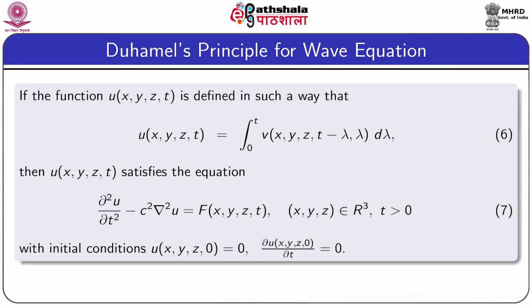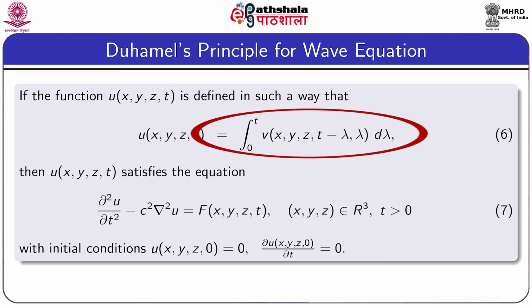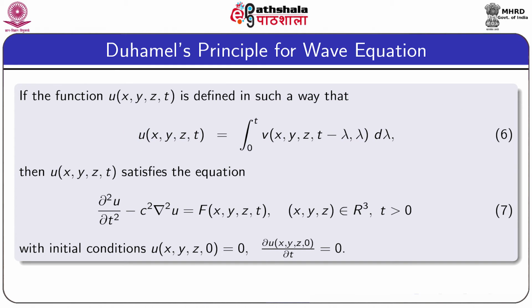Now, we define a function u, which is a function of x, y, z and t, and which is defined in this way: u equals the integral from 0 to t of V at x, y, z, t minus lambda, lambda d lambda.